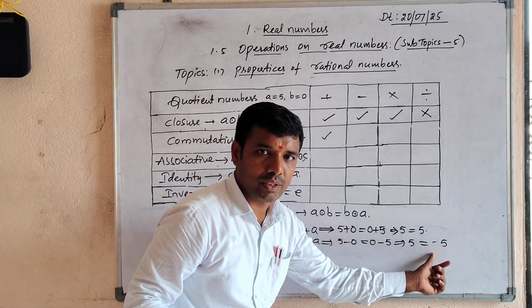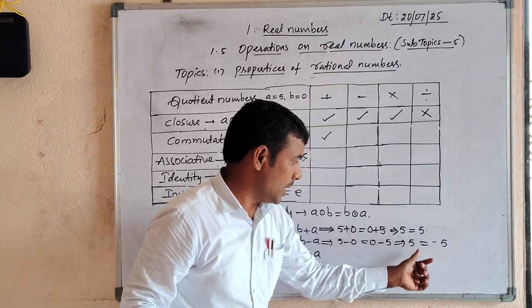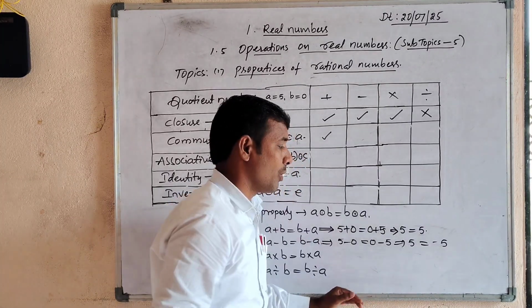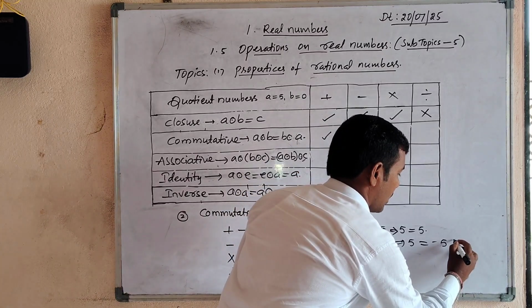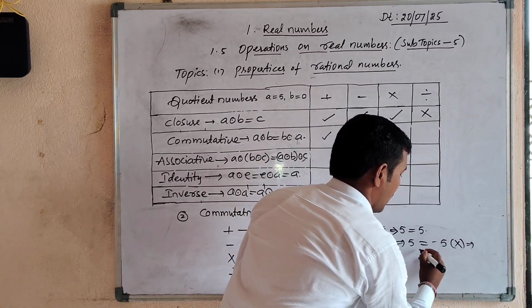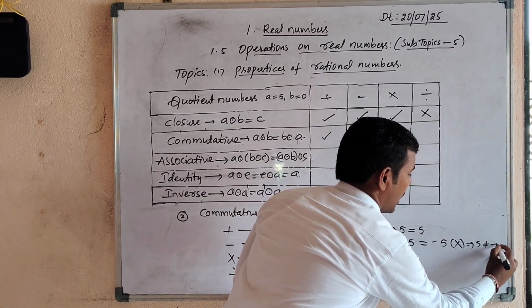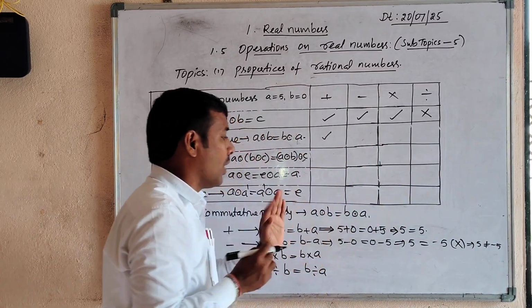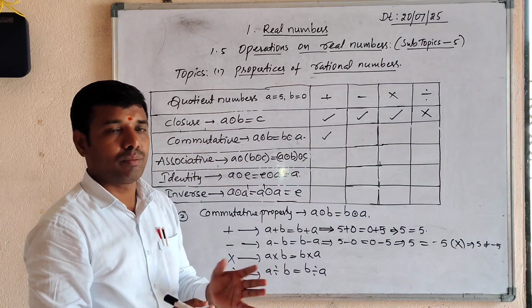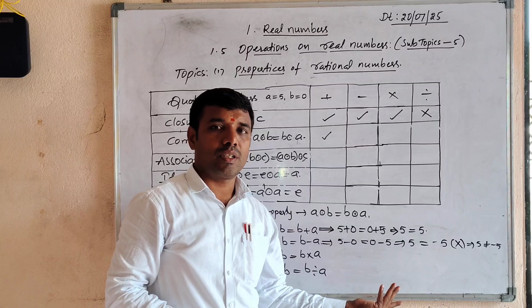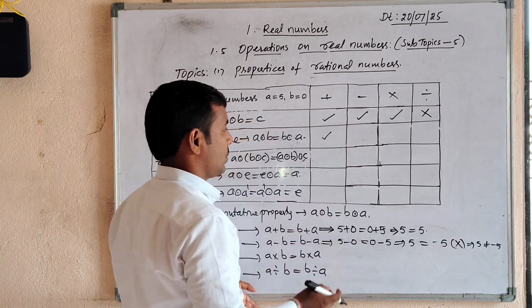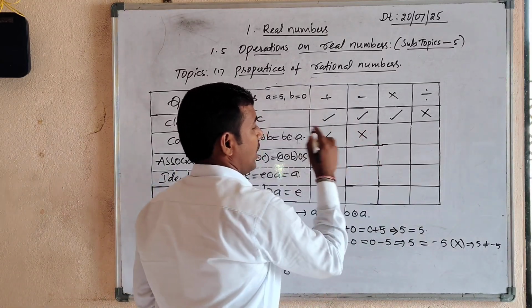Will you believe this? Is it correct? Is 5 equal to minus 5? No, it is wrong. That means 5 is not equal to minus 5. We should get equal, but the left side has one answer and the right side another, so here a cross symbol.